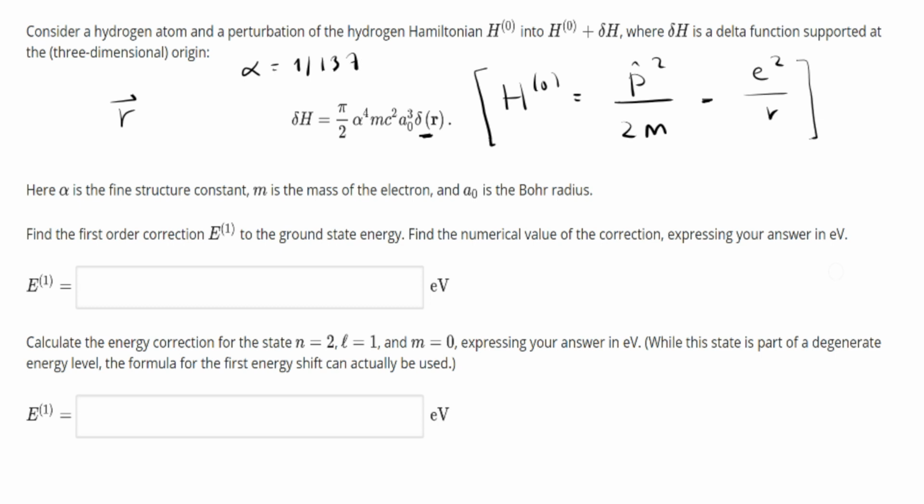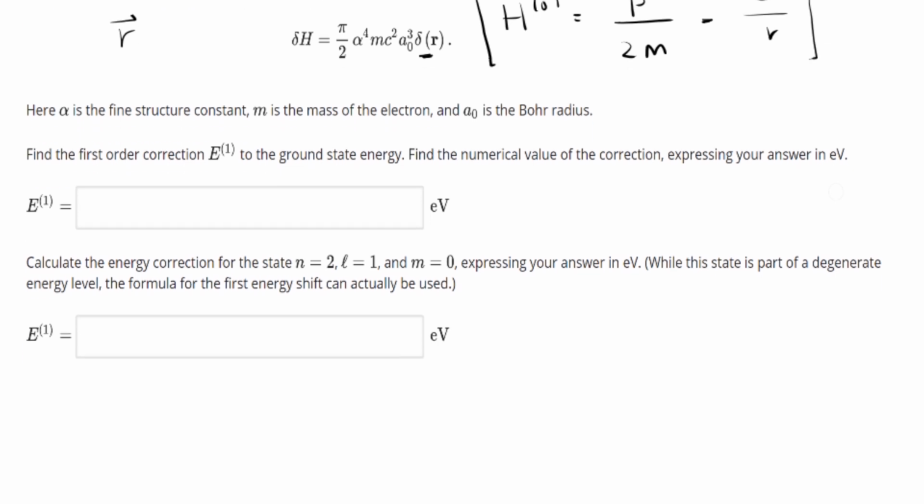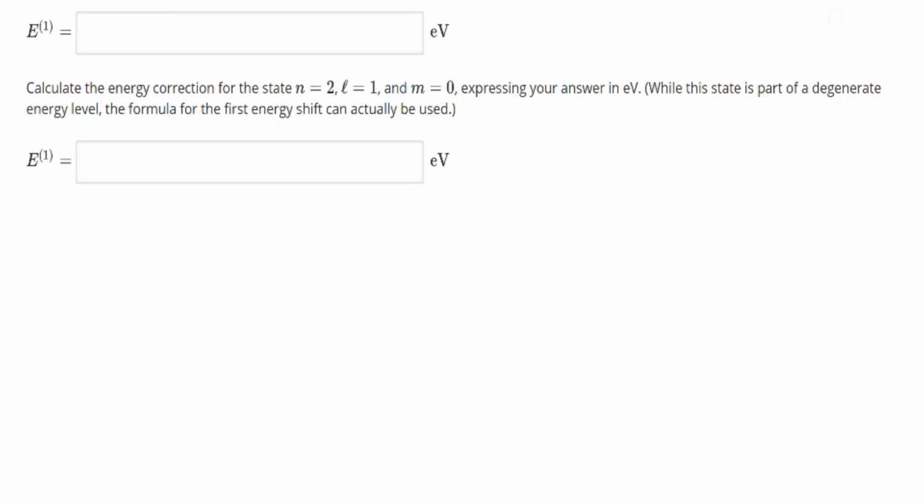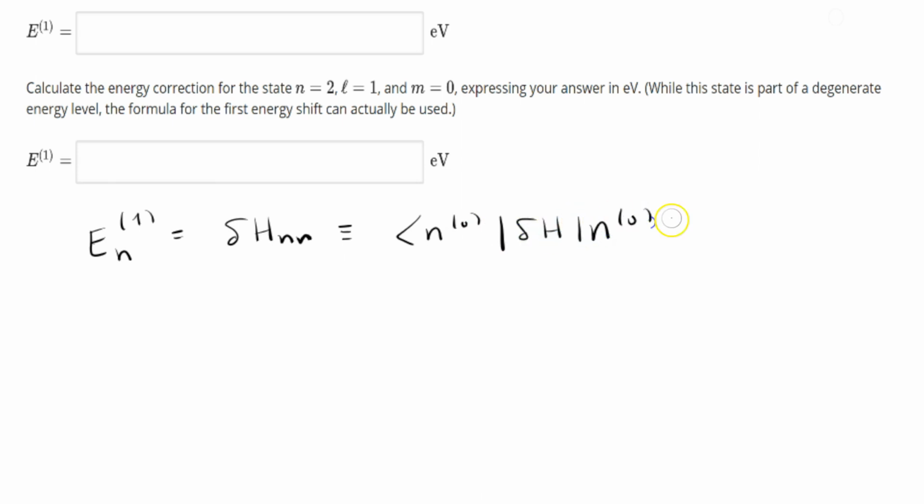Okay, simple enough. Now, if you remember from the previous video, we had a formula for the first order energy correction, and we derived it to be delta H in N, which was our shorthand notation for N0, delta H, N0.